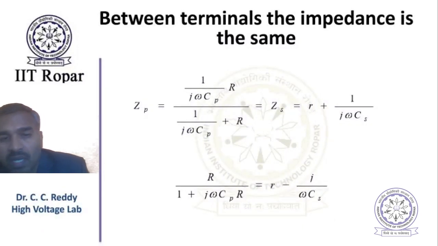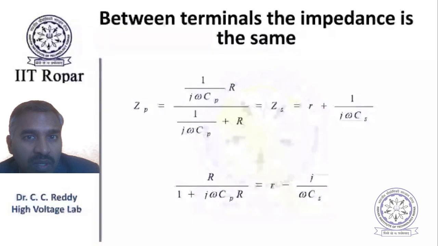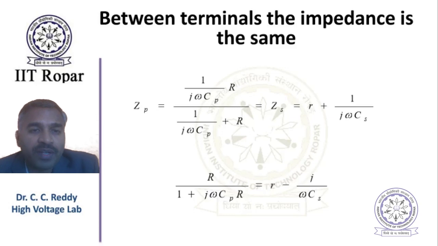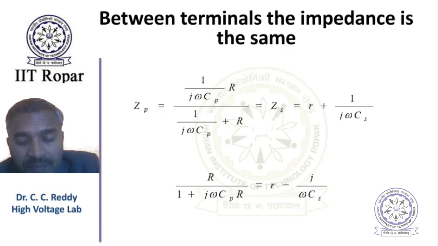Yes, sir, I'm saying that in series combination, tan delta is directly proportional to omega.